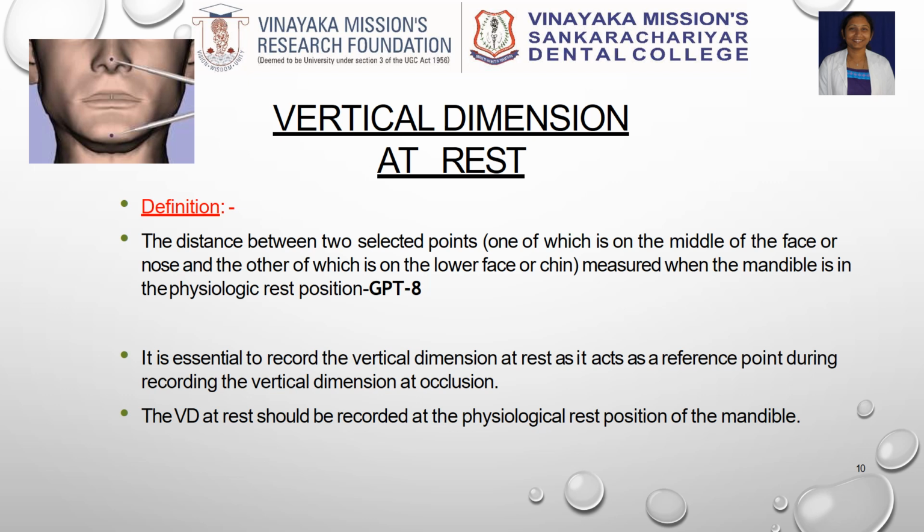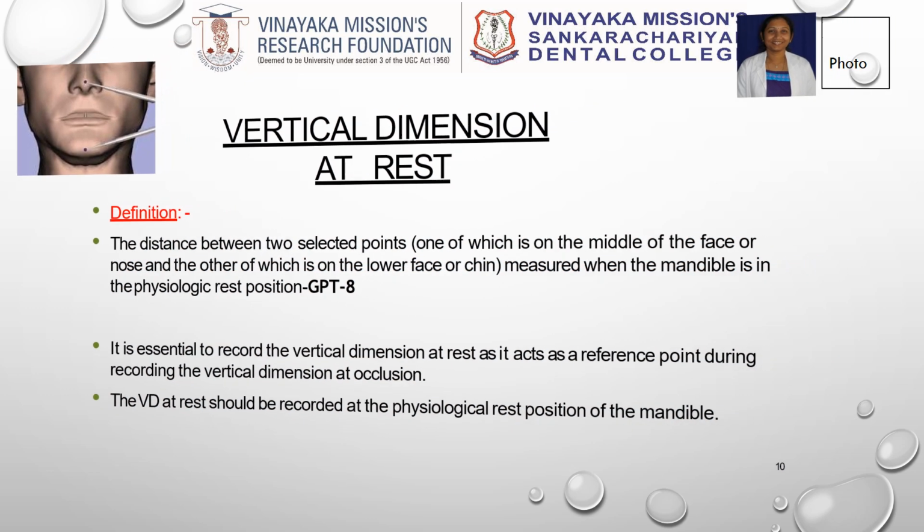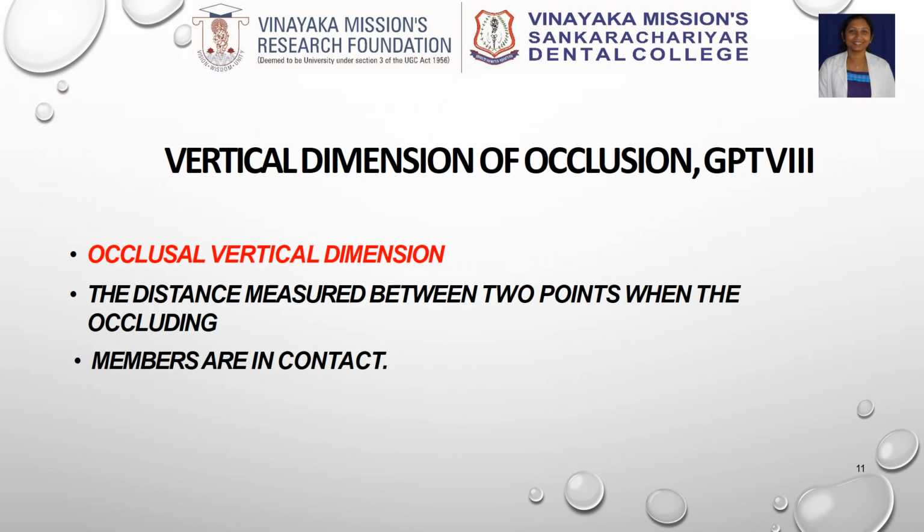Vertical dimension at rest is defined as the distance between the two selected points when the mandible is in the physiological rest position. Vertical dimension at occlusion, according to GPT-8, is a distance between the two points when the teeth are in contact.